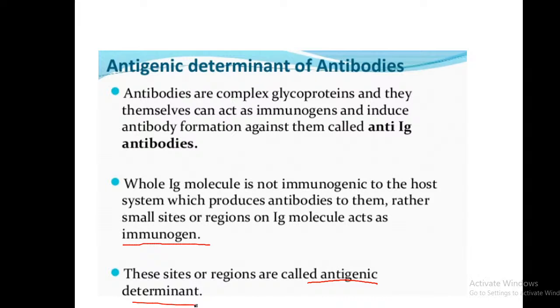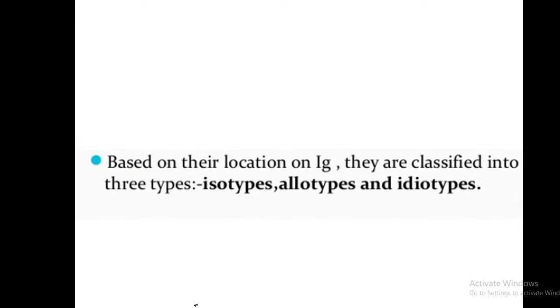Now, let's see what this is. Based on the location of these determinants on IgG, the IgG are classified into 3 types: isotypes, allotypes and idiotypes.